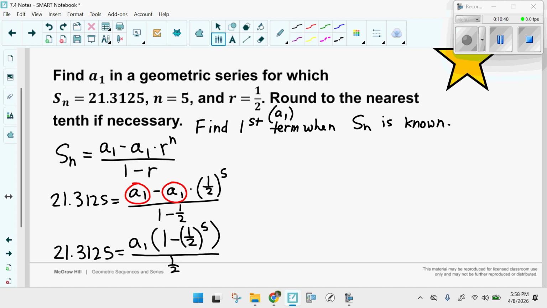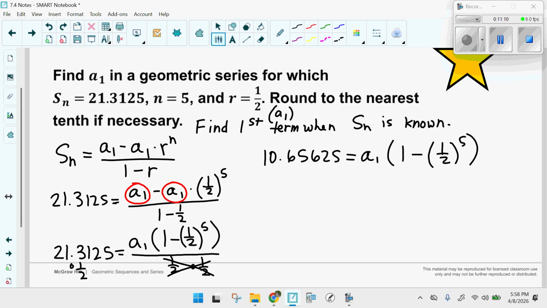So now I have a little bit of algebra to do. I'm dividing by 1/2, so to undo that, I'm going to multiply both sides by 1/2, and that's going to undo this divide by 1/2. And we end up with 10.65625 is going to equal a sub 1 times 1 minus 1/2 to the 5th.